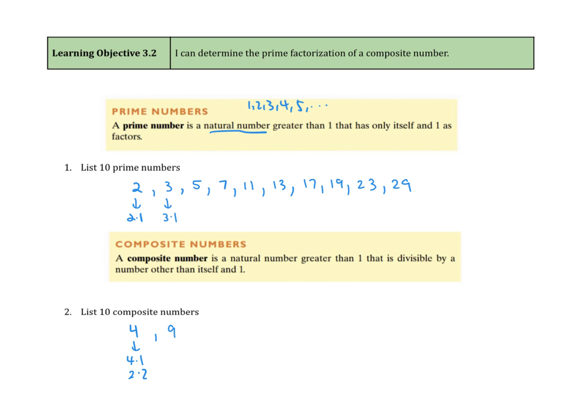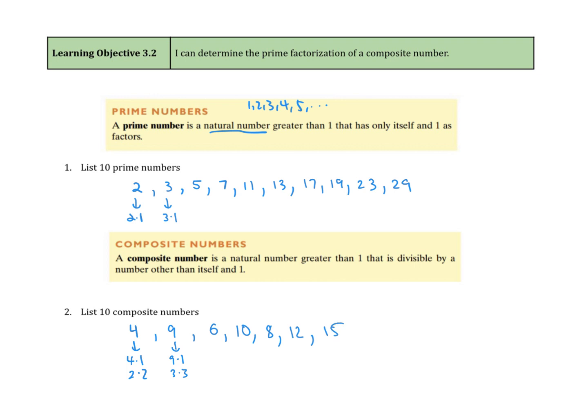Some more composite numbers. I already listed 4 and 9. 9 was composite because we have 9 times 1, but also 3 times 3. Some other composites would be the number 6. It's got 6 times 1, but also 2 times 3. 10 is composite. 8 is composite. I'm not really going in order. 12 is composite. 15 is composite.